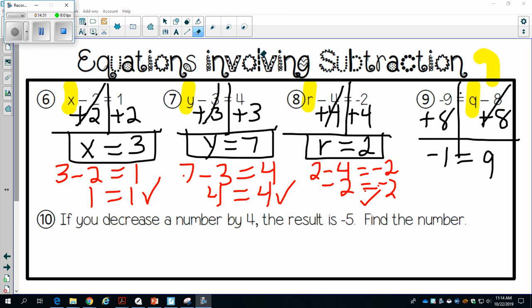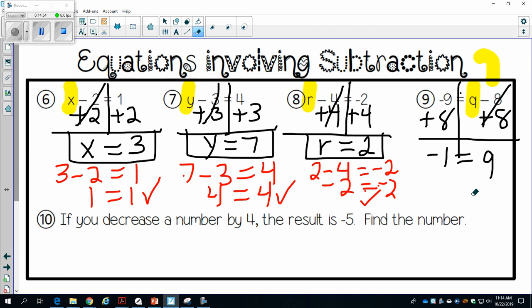So I'm going to rewrite the equation using the solution that we found for q. Oops, we don't want q. We want to put in the value for q. So let's try that again.